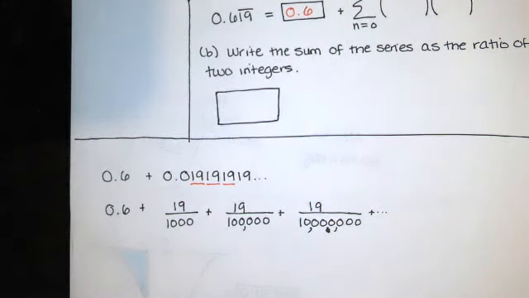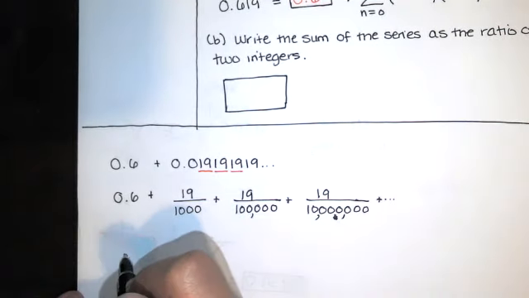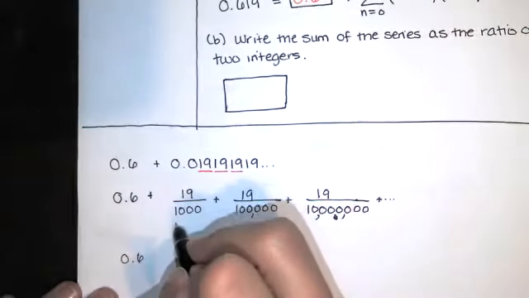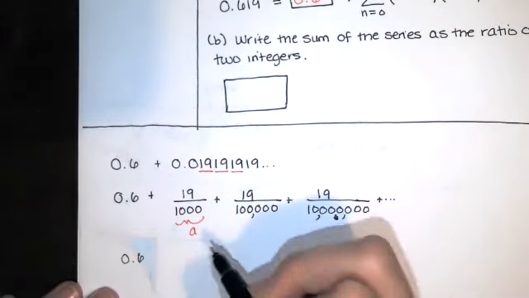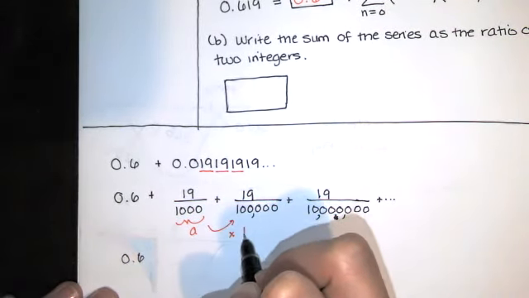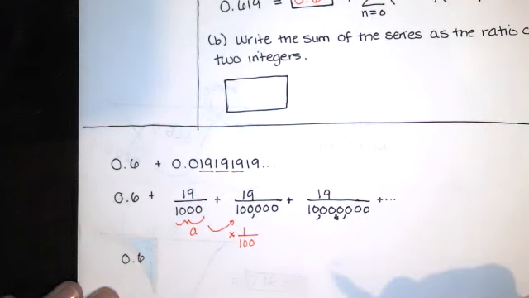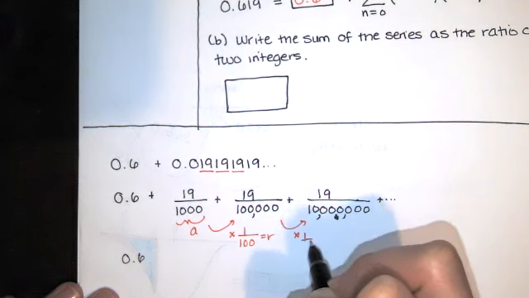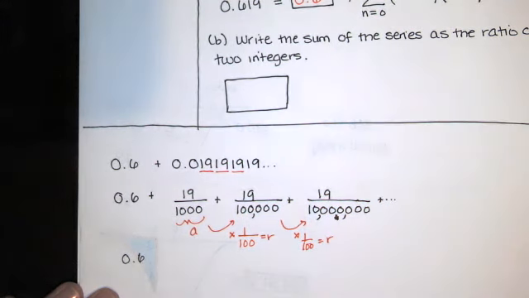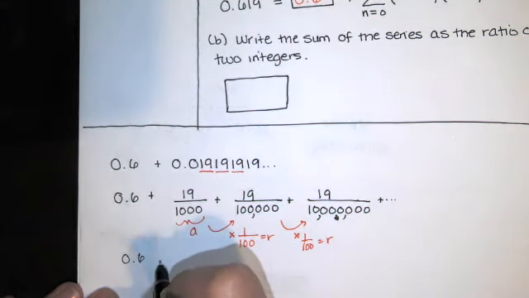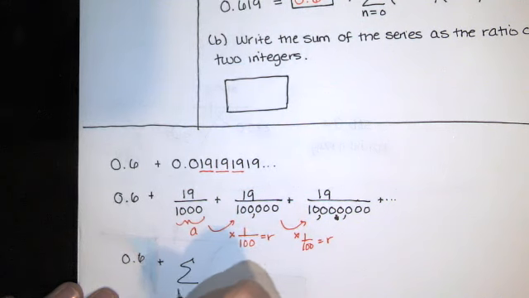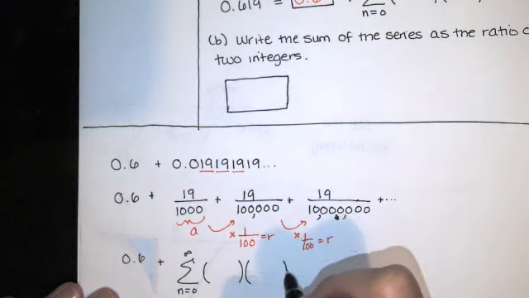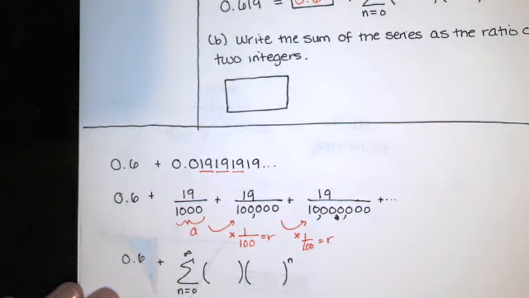We just keep going. So the first term here, that's our a. And then we multiply by 1 over 100 to get from term to term. So that's our r. And so this is the sum as n goes from 0 to infinity of the first term times that common ratio raised to the nth.